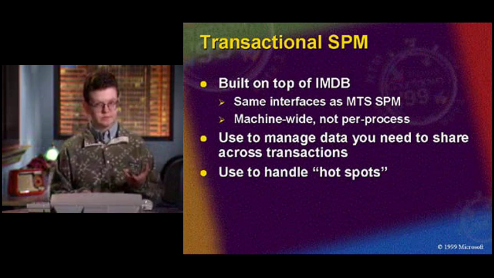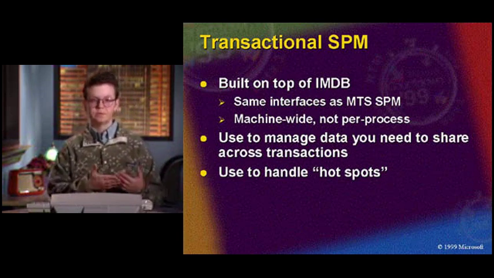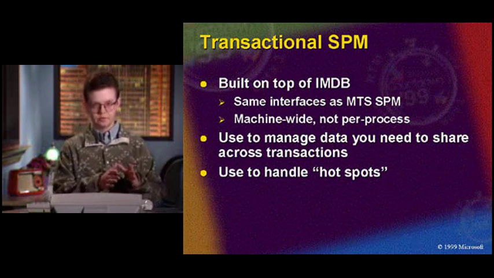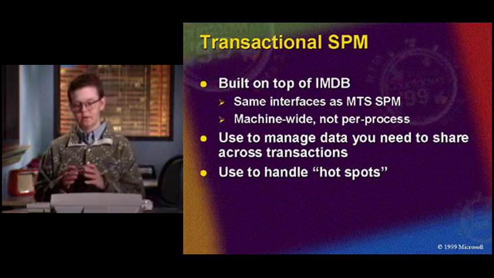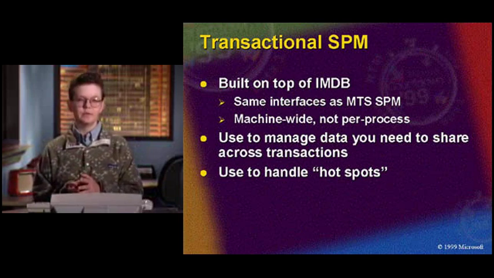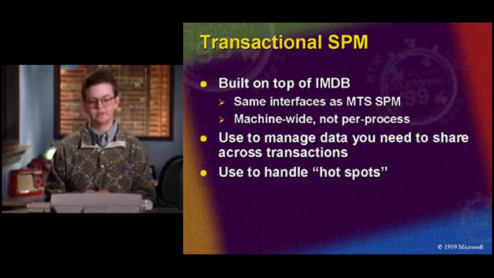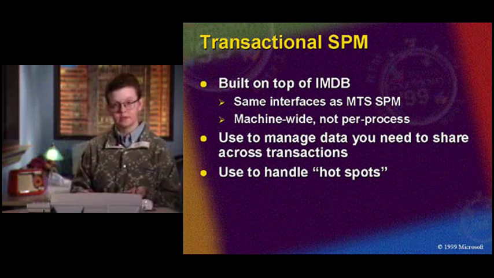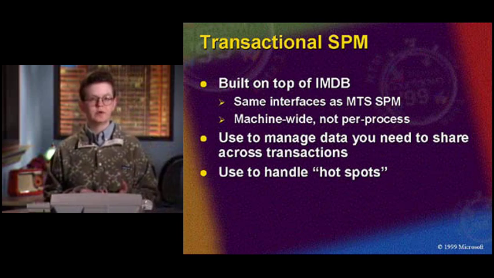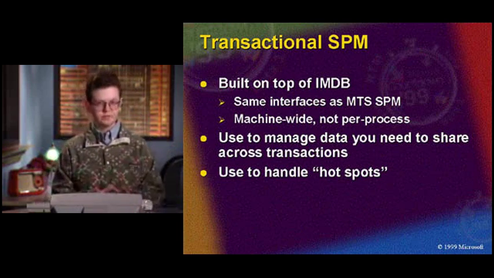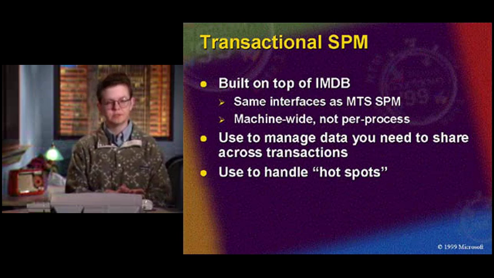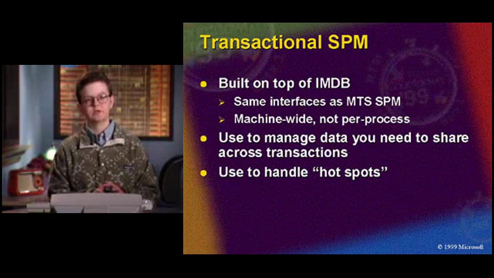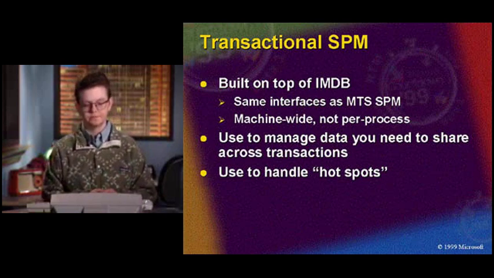So you have a choice of using IMDb directly through something like OLE DB or ADO and use a kind of a database approach, or you can use the object-based approach of the shared property manager interfaces to get access to your state information. One of the nice things about the shared property manager in COM+ is that it's machine-wide, not per process. So you can share information across several COM+ applications, whereas in MTS, all of the information was specific to a particular process or a particular server package.